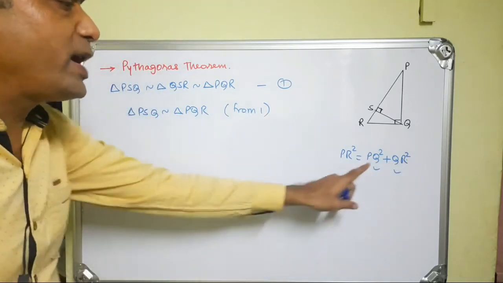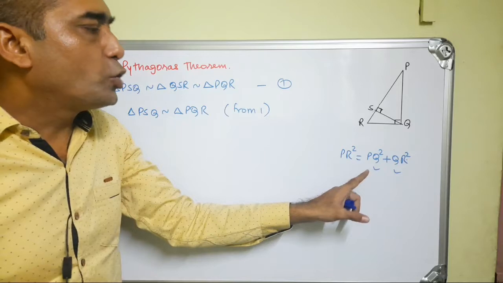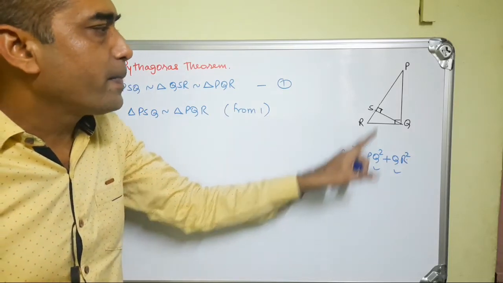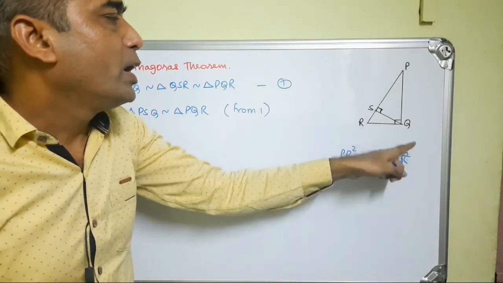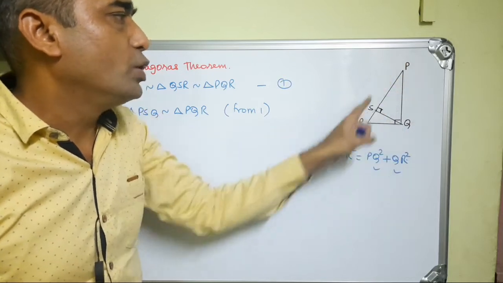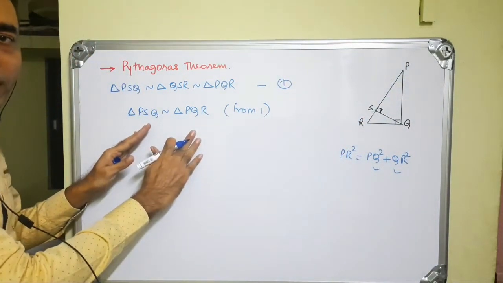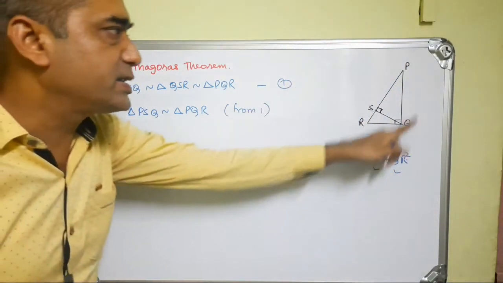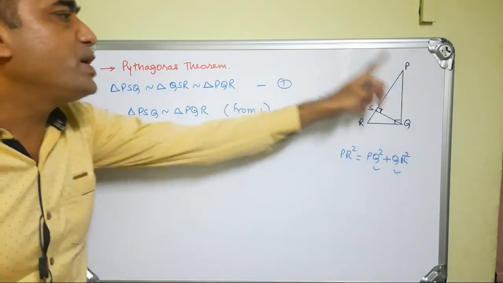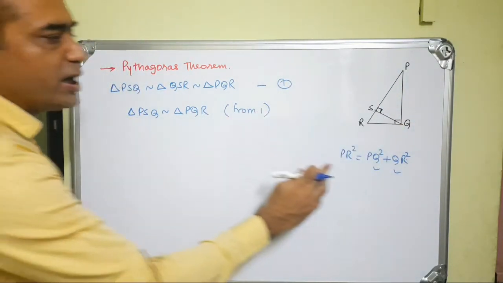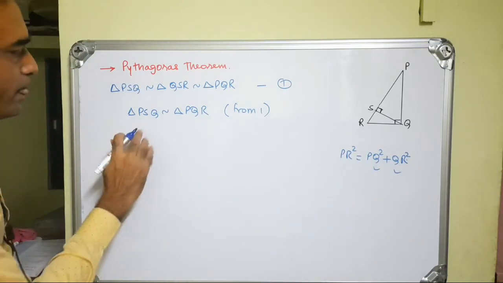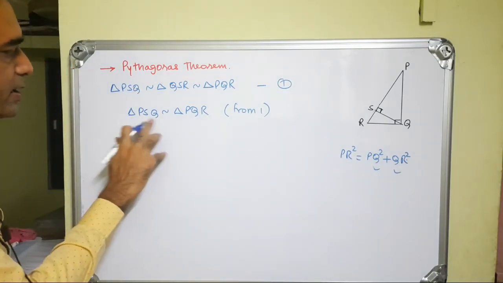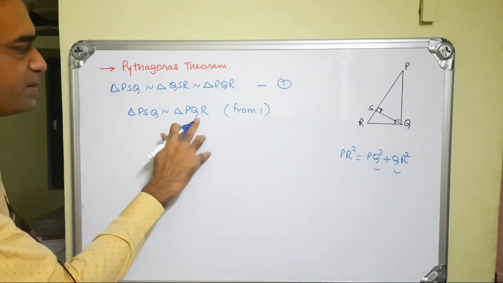Now PQ square. Segment PQ is in two triangles. What are the two triangles? One is triangle PQR and the other is triangle PSQ. So first we have taken those two triangles, triangle PSQ and triangle PQR. Now we need PQ square. So PQ is here, and here it is PQ.